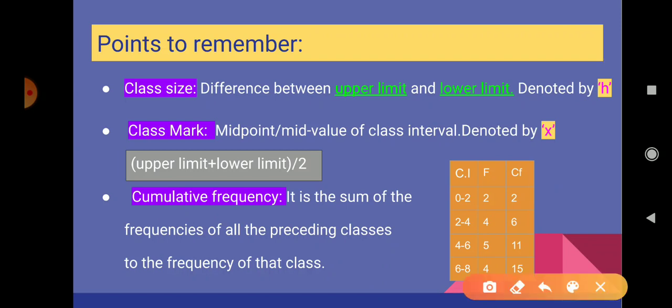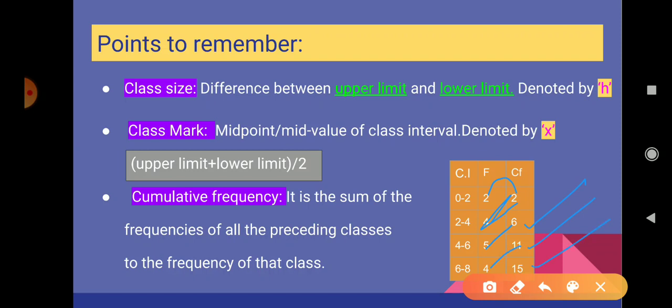Observe again, cumulative frequency is just adding the frequencies to the preceding frequency, the sum of all. So first the 2 is copied as it is because there is nothing before it, so we take it as 0. So 2 plus 0 is 2. Next again we add the next upcoming frequency. So 2 plus 4, 6. 6 plus 5, 11. 11 plus 4 is 15.